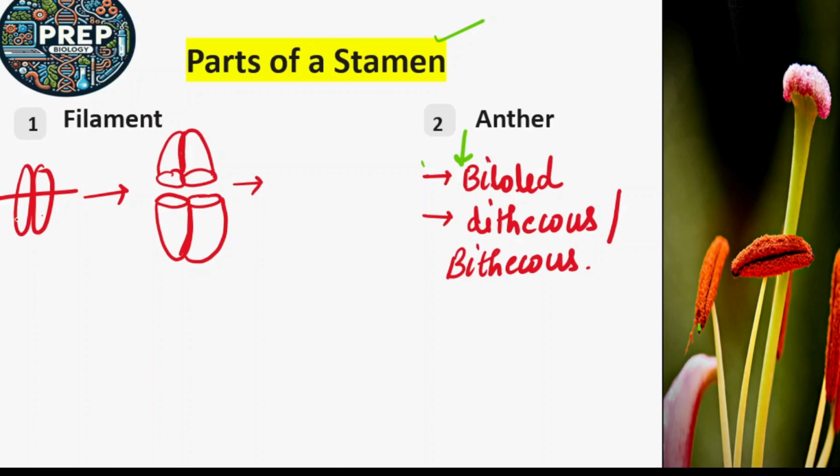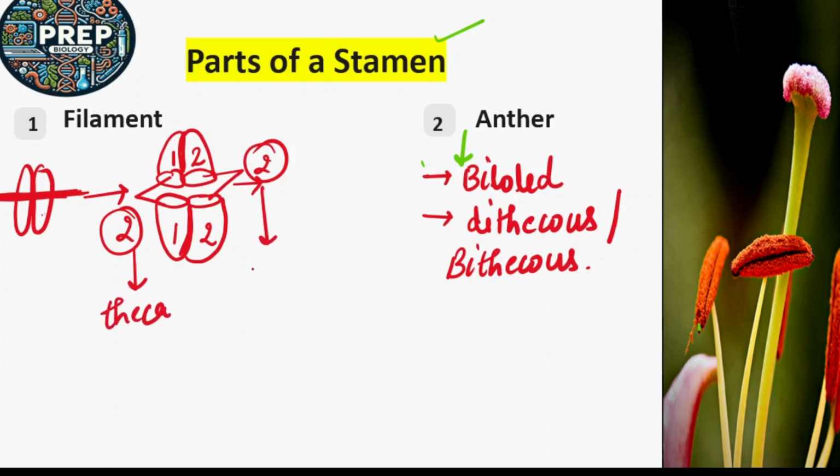We have two lobes of the anther. If we cut the section transversely, transverse means across the length, that is horizontally, we have this kind of structure. This is one lobe and this is the second lobe. Inside each lobe, how many compartments do we have? We have two compartments in each lobe. Those compartments are called the theca.